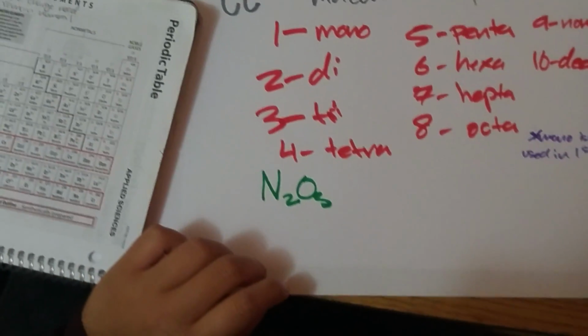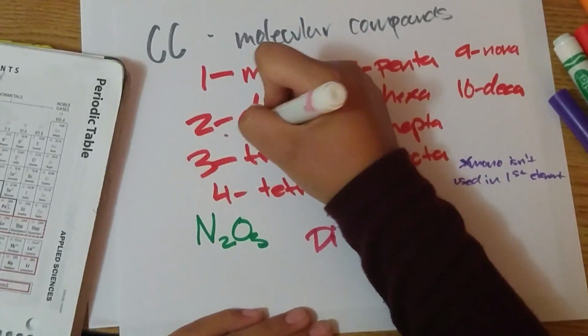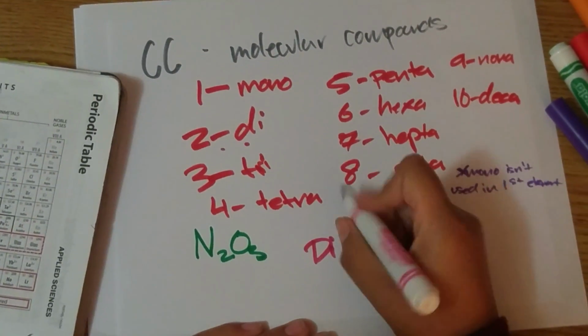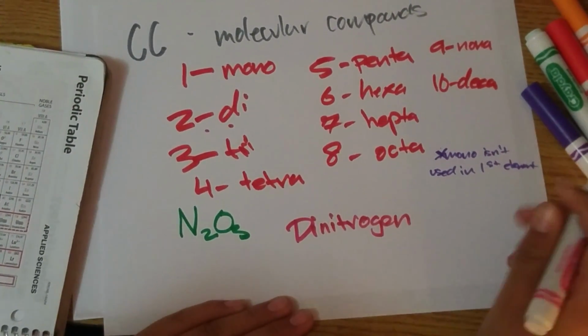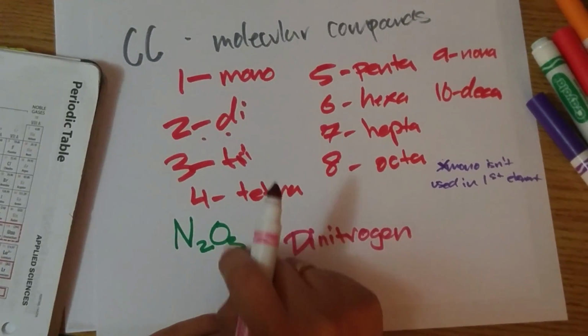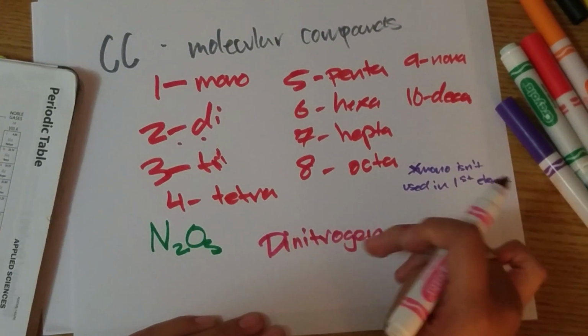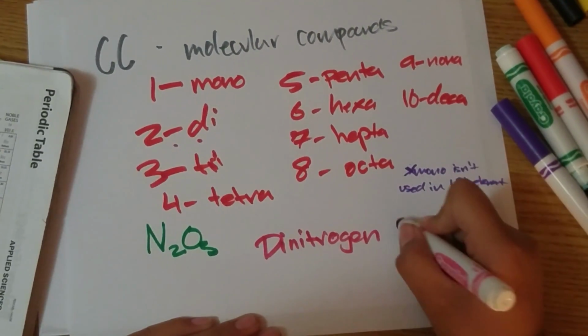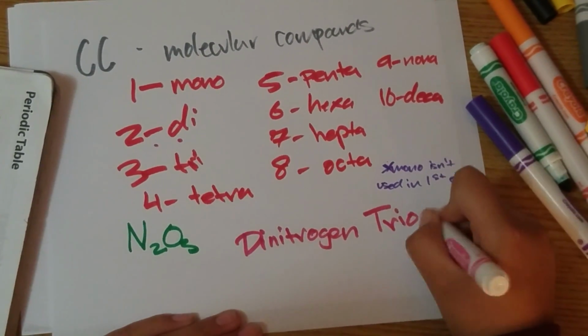So that means this would be di. Remember, if there's 2, that means di. Dinitrogen trioxide, because you still add the "ide" ending to the second one since it's still a nonmetal. And 3 is tri. Dinitrogen trioxide.